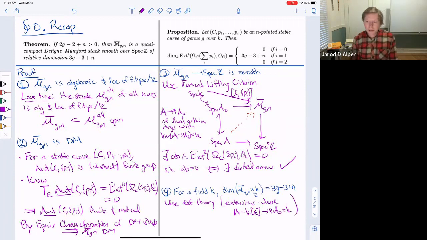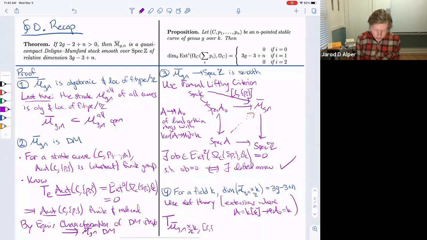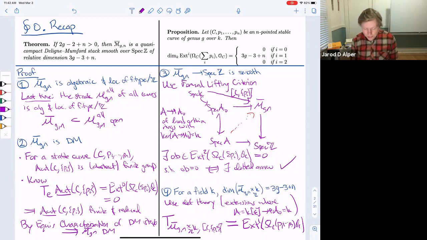Then all possible extensions are identified with the tangent space of the stack M_{g,n} bar over Z cross k at this point (C, p_i), which is identified with Ext^1 of Omega_C to O_C. Since we can calculate the dimension of this group as 3g minus 3 plus n, the relative tangent space has that dimension. And since it's smooth, that computes the dimension of the stack of stable curves.